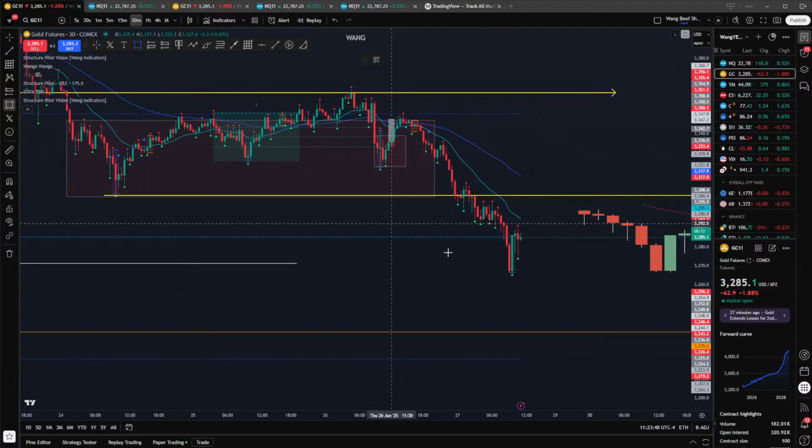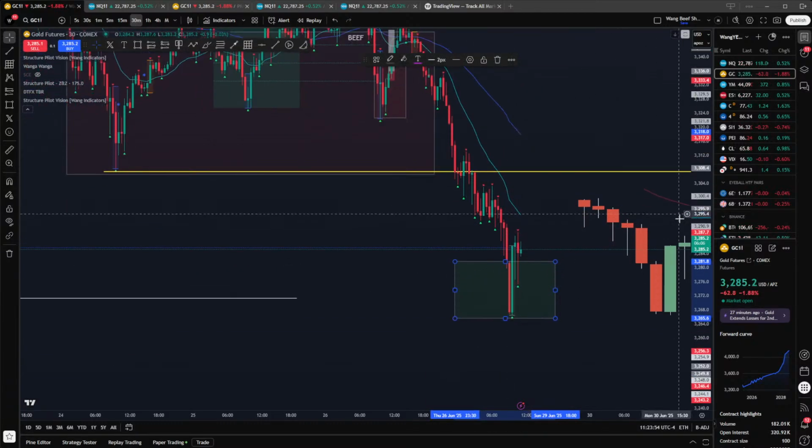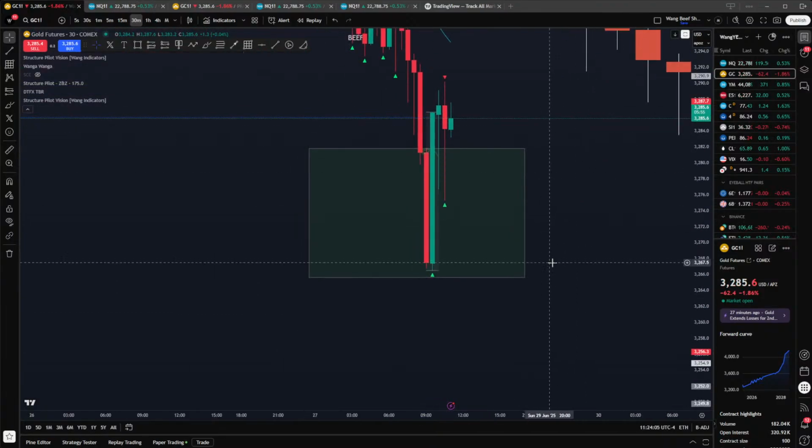So on the 30 minutes, we have this. This was a high that was a part of whatever structure put in that low. If you look closely, you have to be attentive to details.